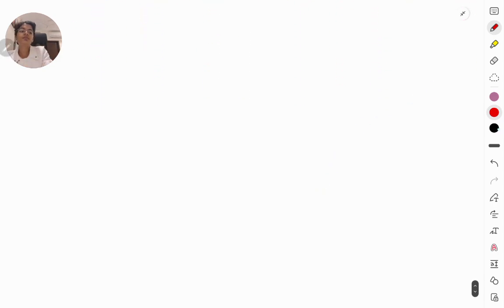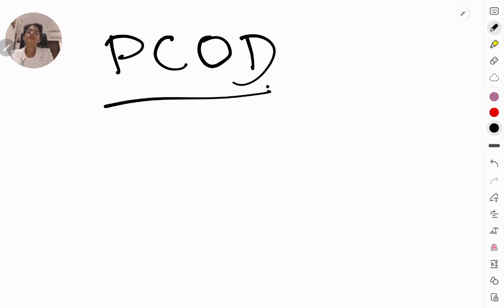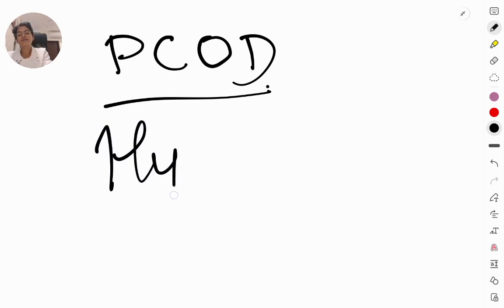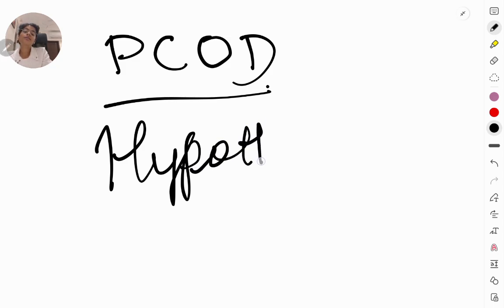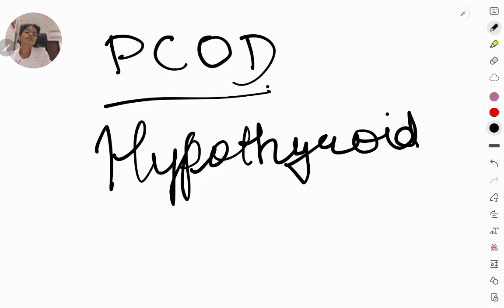Now let's see other causes of obesity other than physical activity. Then there is PCOD, polycystic ovarian disorder or syndrome. Okay, this is again prevalent nowadays. Hypothyroidism. In hyperthyroidism BMR increases, weight decreases. In hypothyroidism, BMR decreases, weight increases.